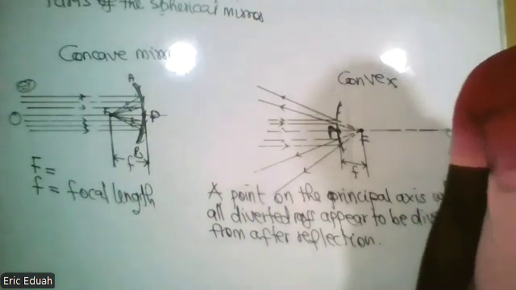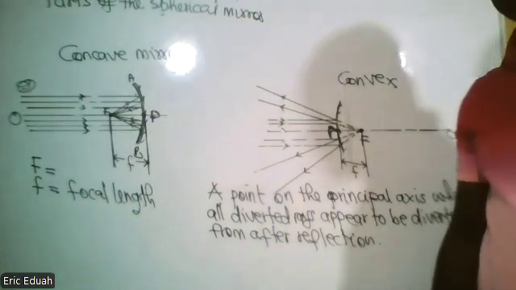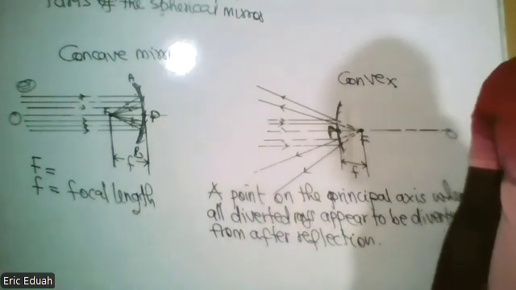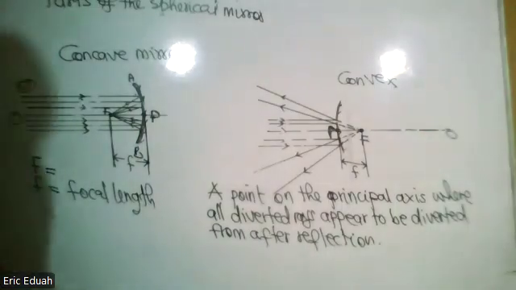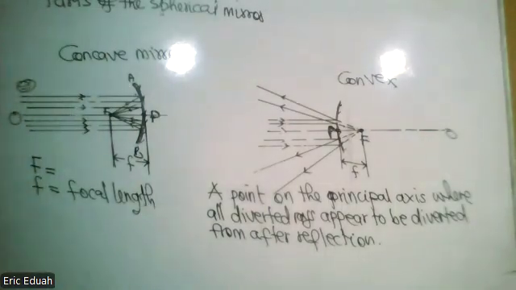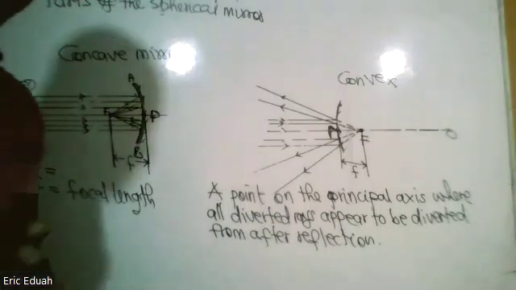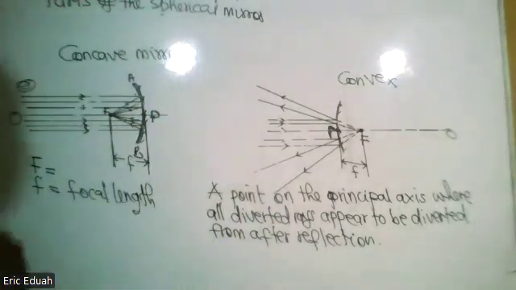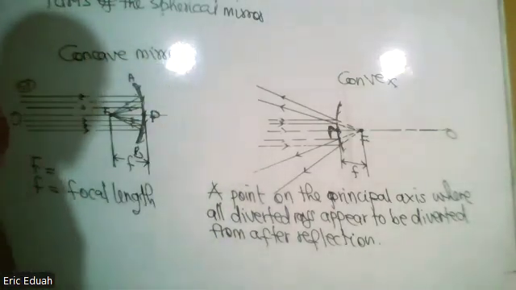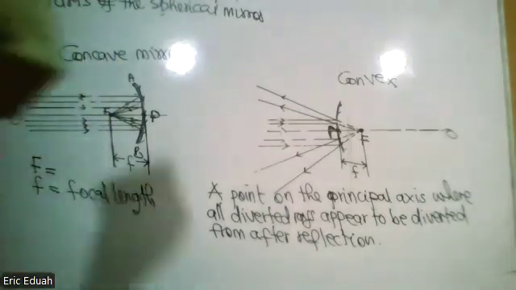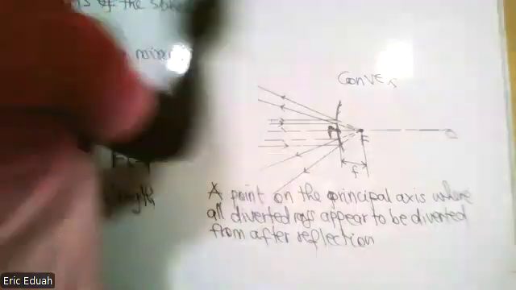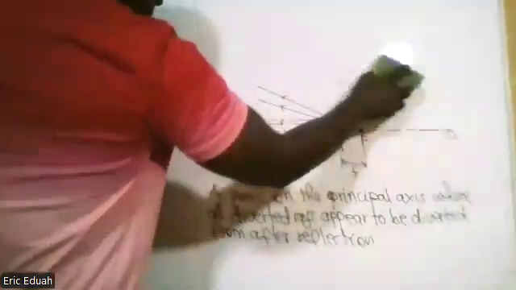Okay, not bad. I get what you are trying to chip in, so you leave that for me. You see, the principal focus is a point on the principal axis. So listen to the definition. It is just a way of combining the two.